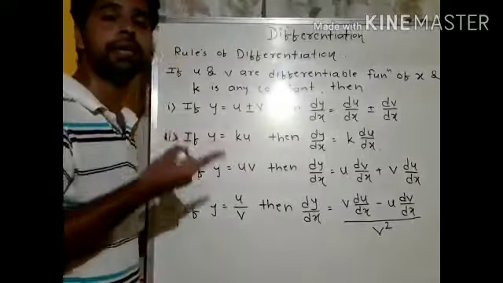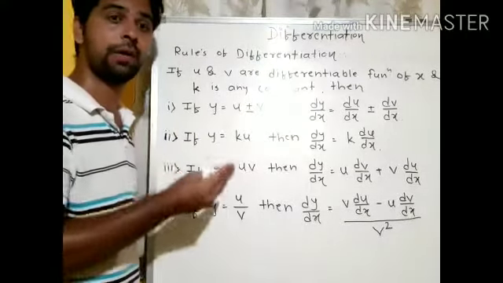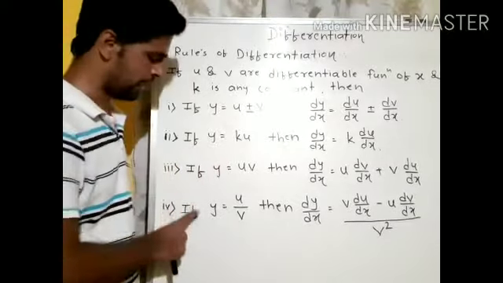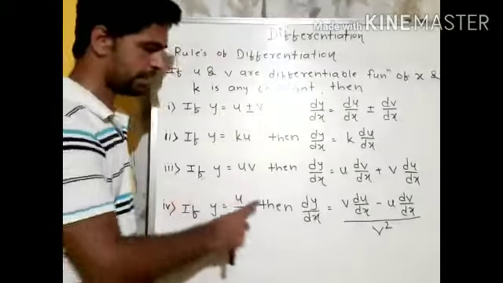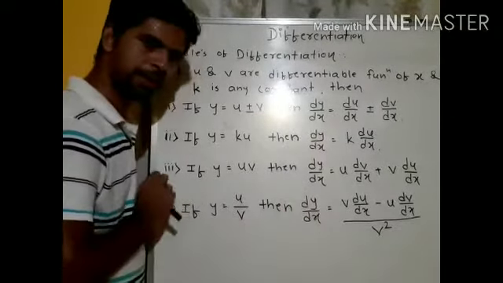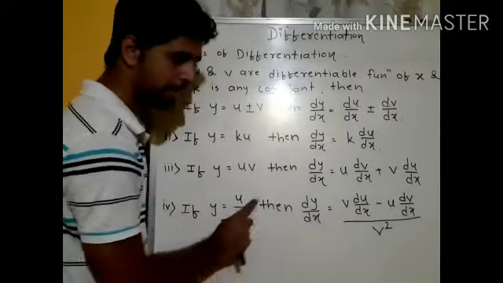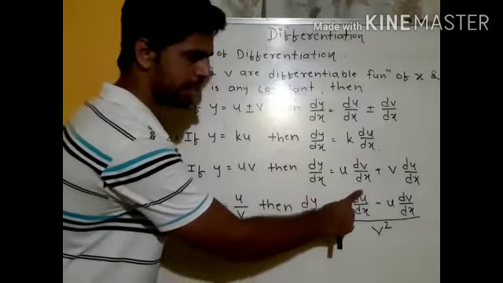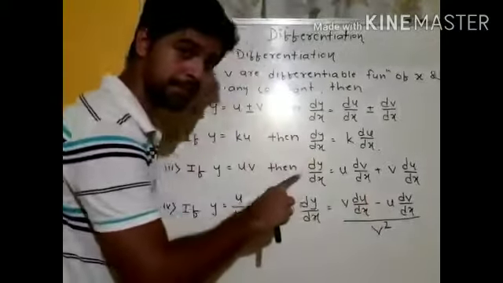Now sometime you will get 2 functions in division form. Then how to differentiate it? We have separate rule for that. If y equal to u by v, okay, then its derivative is given by dy by dx, that is derivative of y, is equal to v. Keep v, means denominator's function constant, take derivative of numerator's function, write minus sign.